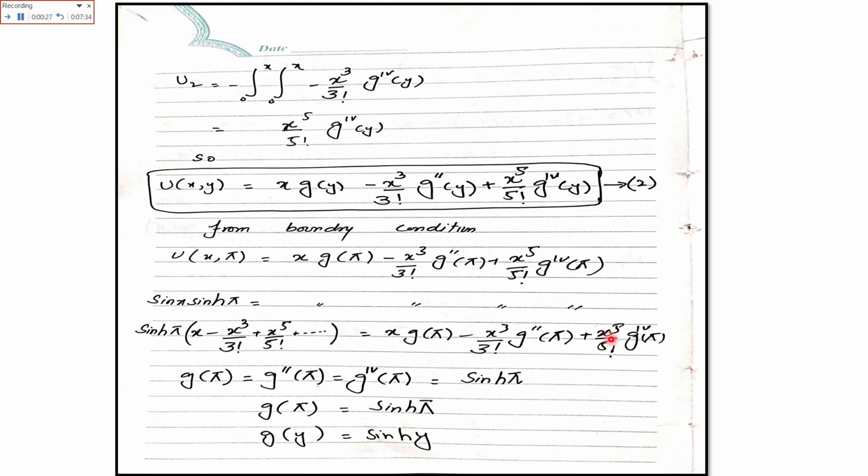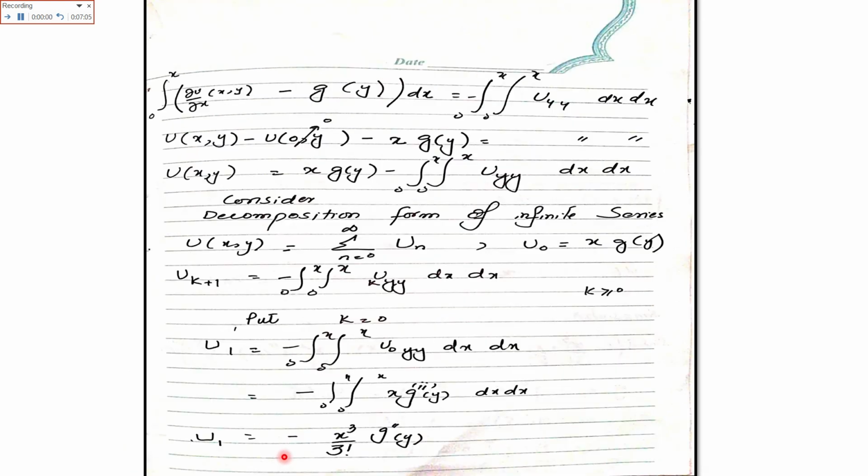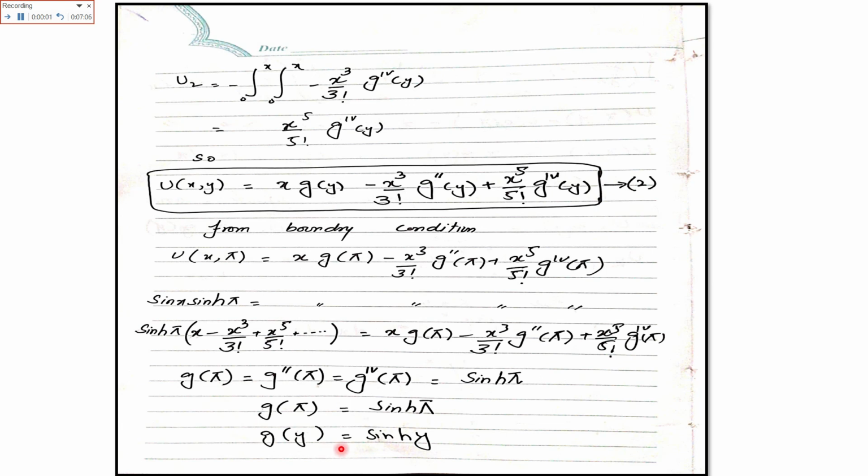From this we can conclude that sine hyperbolic pi equals g of pi, g double derivative of pi, g4 of pi. So g of pi is equal to sine hyperbolic pi. So here you can find g of y, which we had assumed. The value of g of y is sine hyperbolic y.